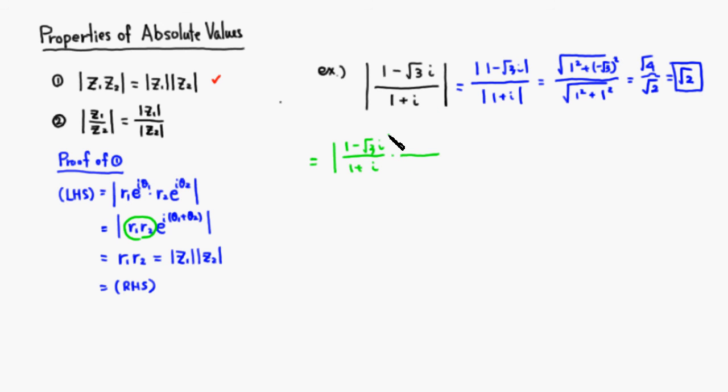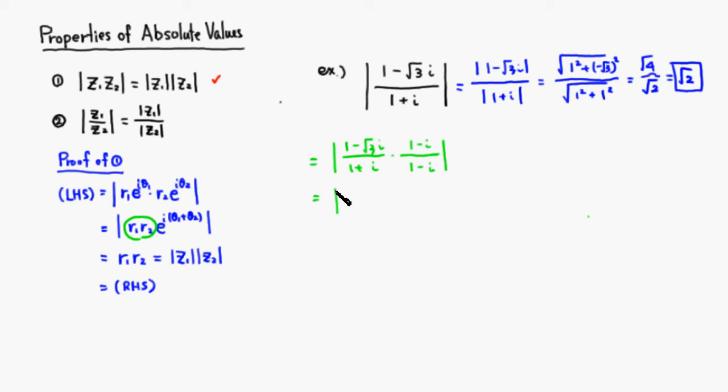We multiply top and bottom by the conjugate of the bottom guy. So you have a 1 minus i, and up here it's going to be 1 minus i, so that we don't change anything, right? So if you multiply out, you're going to get this, right?